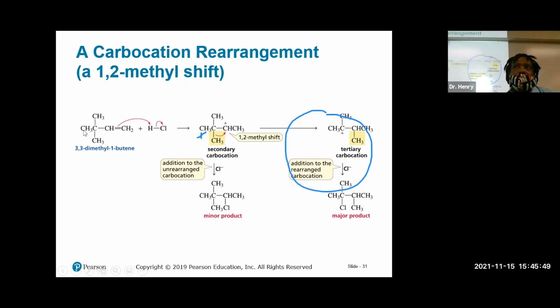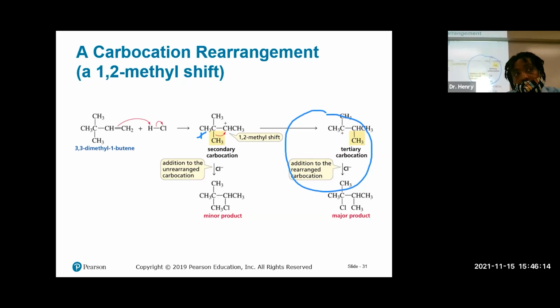Okay, so if I had, let's say, instead of methyl groups here, an ethyl group here, what do you think it's going to attack? What's going to be rearranged? If these 2 were methyls and that was an ethyl, would it be the ethyl or would it be the methyls?